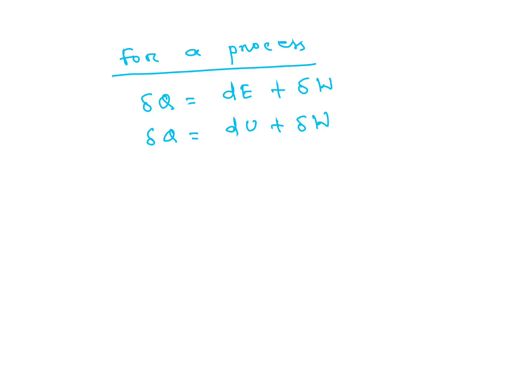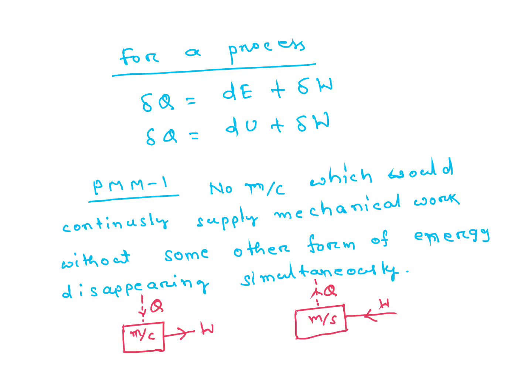Then PMM1, which violates first law of thermodynamics. No machine which would continuously supply mechanical work without some other form of energy disappearing simultaneously. Here we cannot get work continuously without some other form of energy disappearing simultaneously.